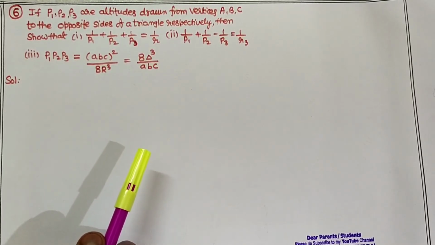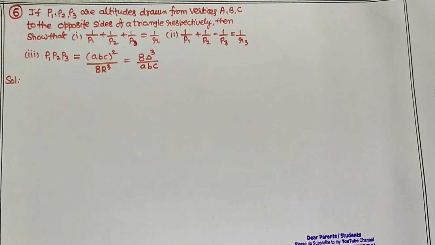If P1, P2, P3 are altitudes drawn from vertices capital A, B, C to the opposite sides of a triangle respectively, then show that 1 by P1 plus 1 by P2 plus 1 by P3 equal to 1 by R. Second question, 1 by P1 plus 1 by P2 minus 1 by P3 equal to 1 by R3.